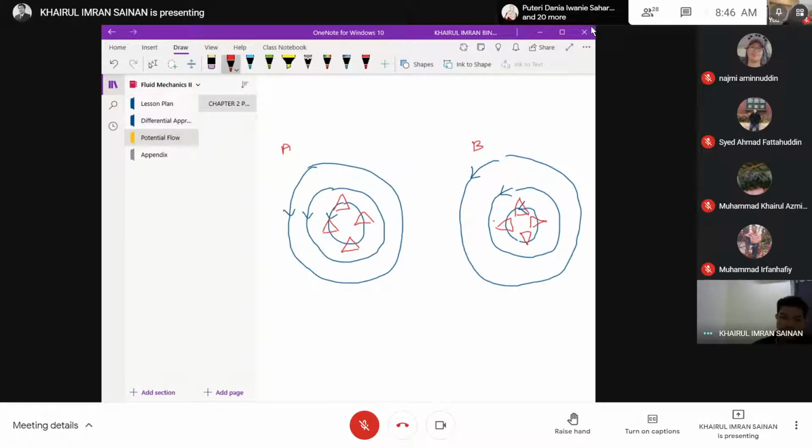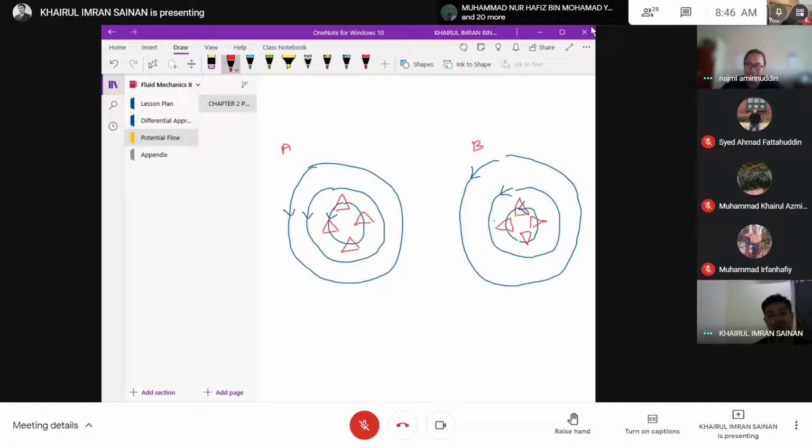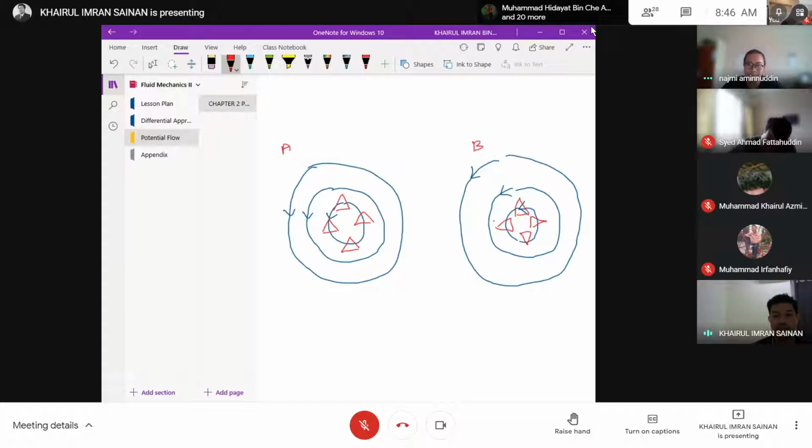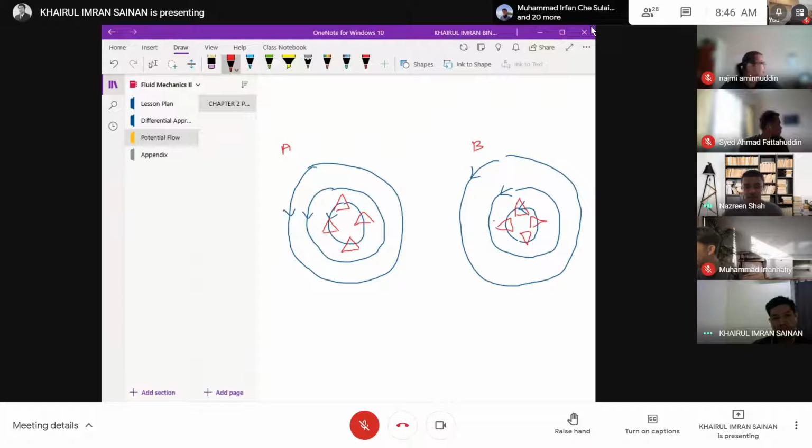Najmi, between A and B, which one is rotational? B is rotational, A is irrotational. Nazrin says B is rotational, A is irrotational.